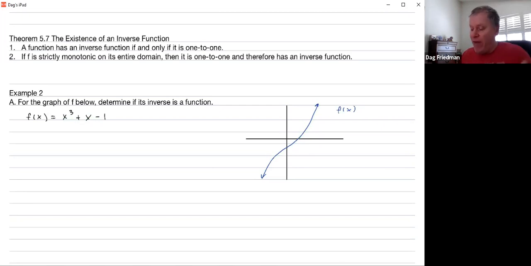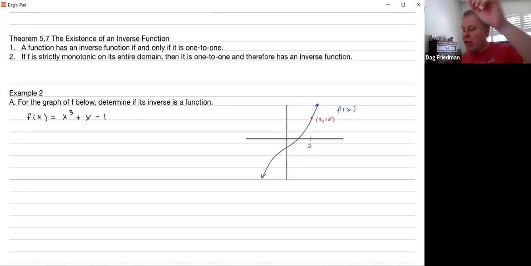For every domain value, so for example, and these are completely made up points, so just keep that in mind, if x equals 2, then this y value, which I think is 10, so it goes through the point (2, 10), there's only one output.